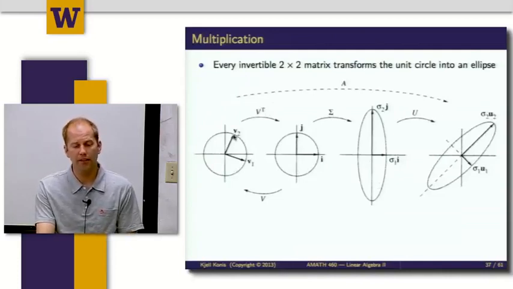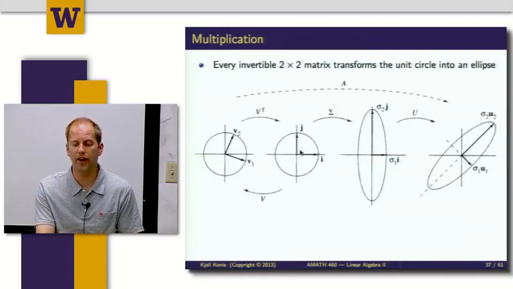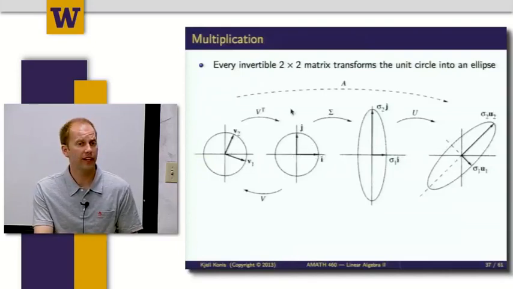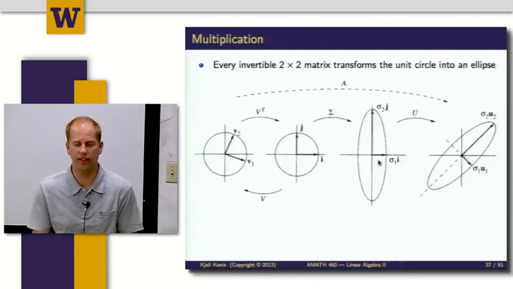And what's going to happen is for these two special directions, V1 and V2, those are going to get rotated to be the new X and Y axis. So that's what the multiplication by V transpose does. Then when I multiply by sigma, that's just going to stretch this thing in the X and Y direction. So I'm going to stretch the Y values by a factor of sigma 2, and I'm going to stretch the X values by a factor of sigma 1.